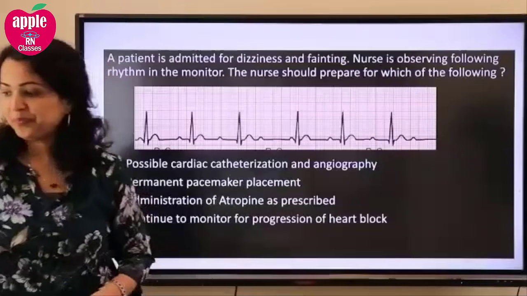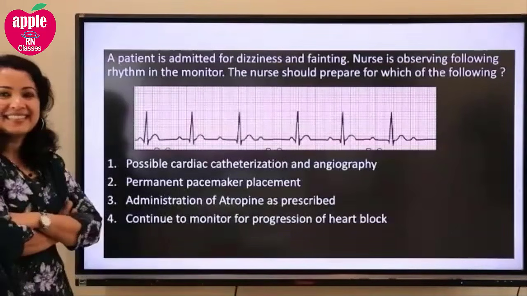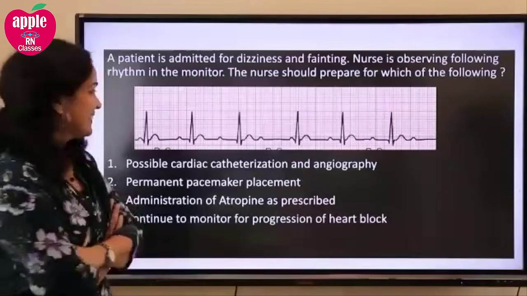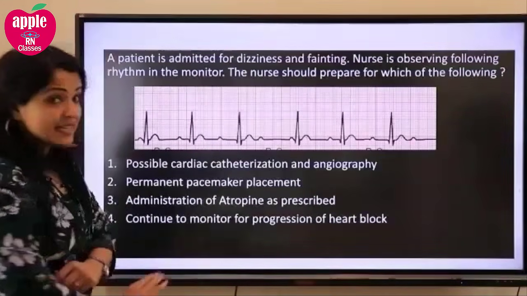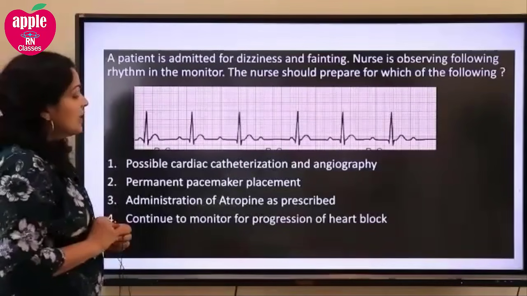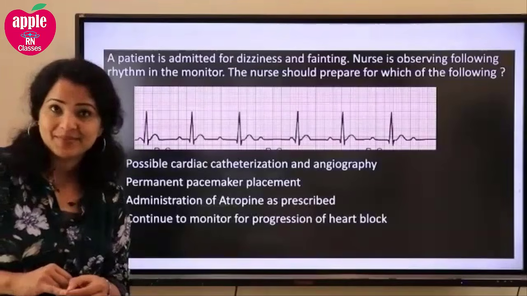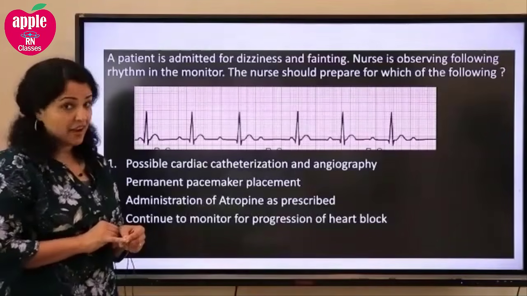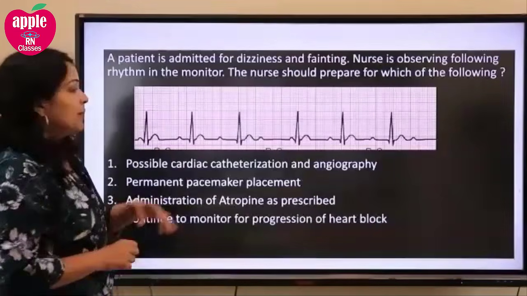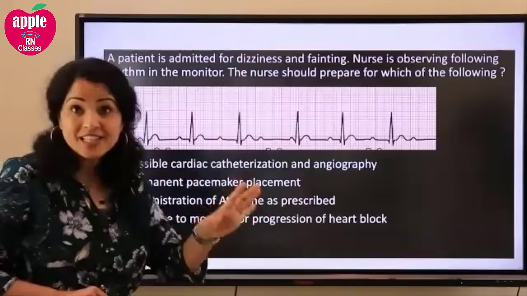Okay, let's do one more question. There we go. A patient admitted for dizziness and fainting. The nurse is observing the following rhythm on the monitor. They're not saying what it is, we have to figure it out. But the question is, the nurse should prepare for which of the following?